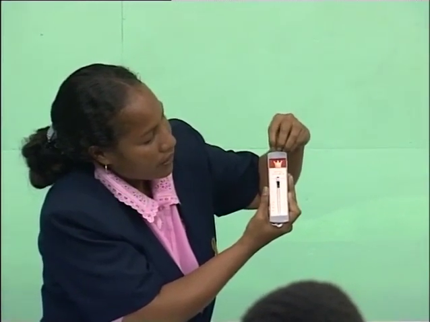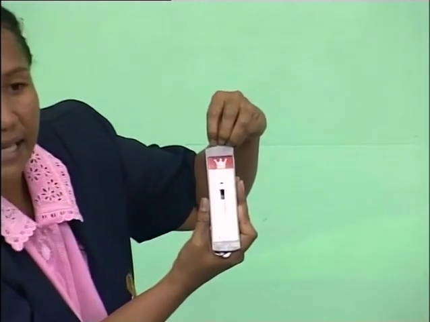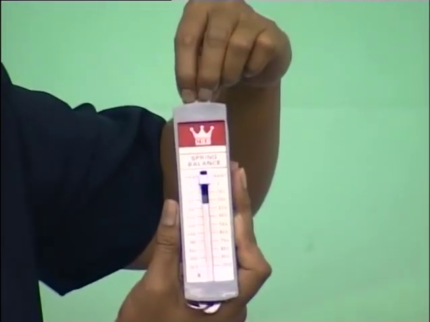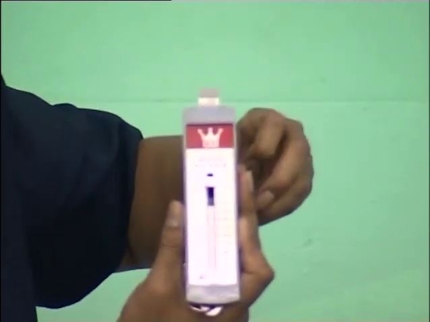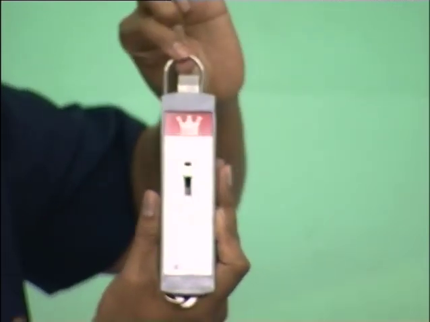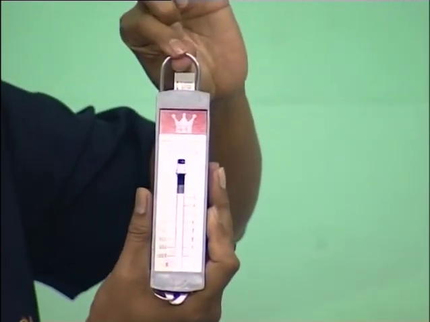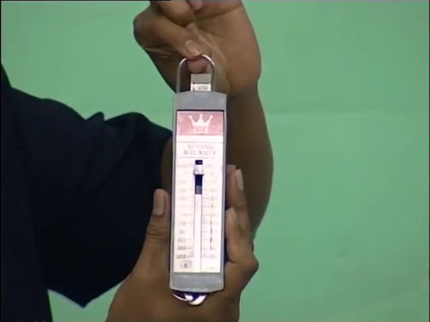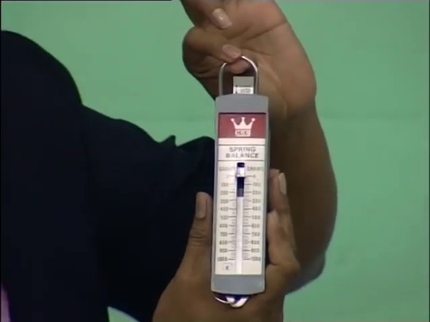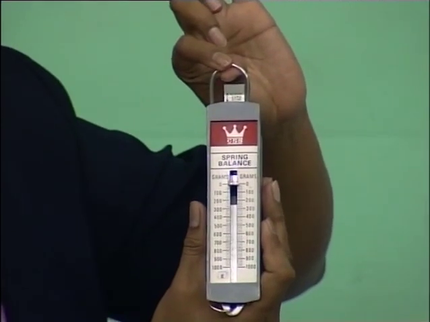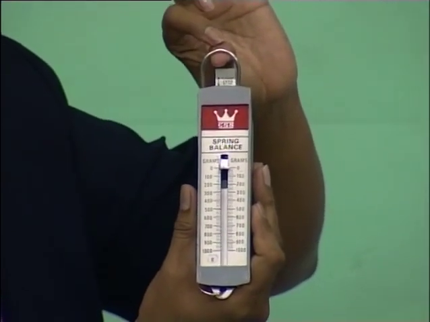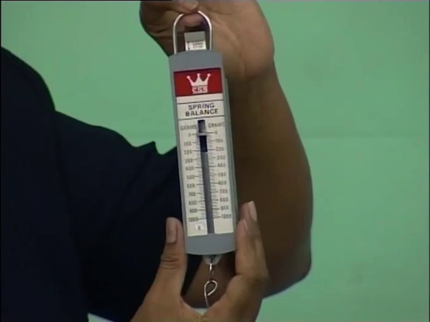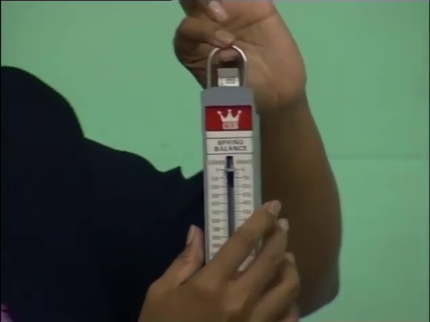I have to make sure that the pointer is straight at 0. And when it's straight at 0, you place it on your stand and you are now able to measure. Okay, that's for the scale. Let's have a look at the other one.